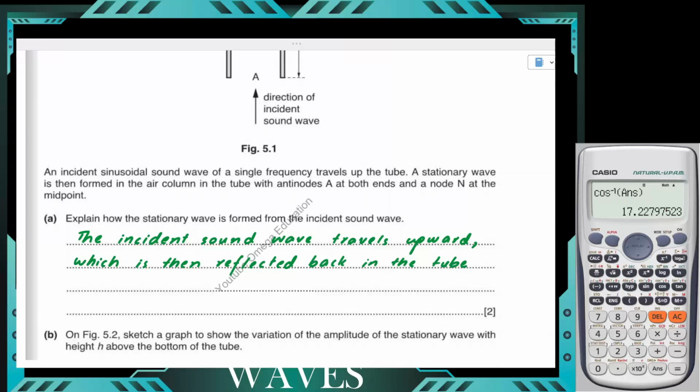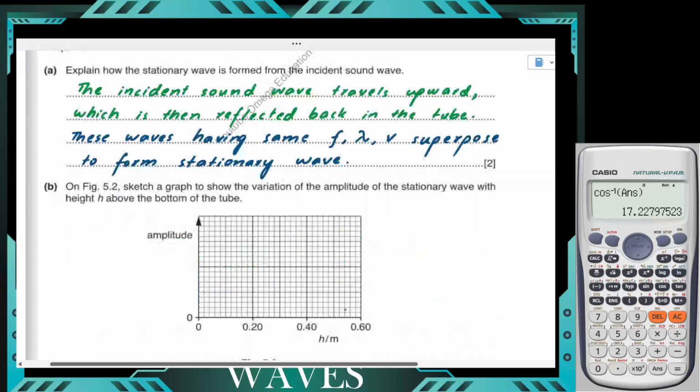These two waves superpose and form a stationary wave. So that's for the first one. Like I said, that's a standard answer. They keep asking this question many times, so we write the same answer.